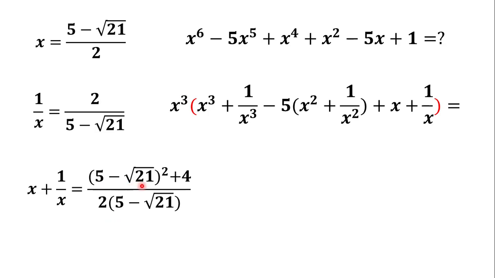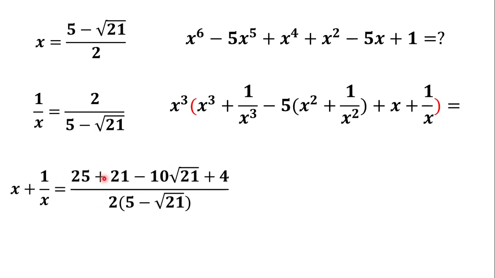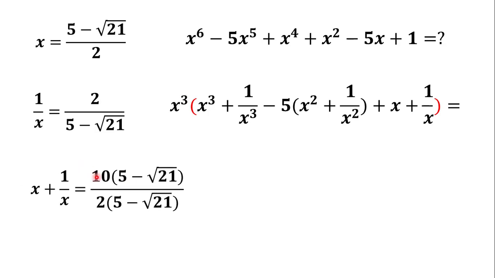Five minus square root of 21 to the power 2 becomes 25 plus 21 minus 10 times square root of 21. Then the numerator is going to be 10 times (5 minus square root of 21). So x plus 1 over x is going to be 5.